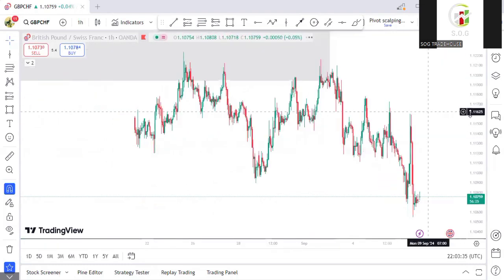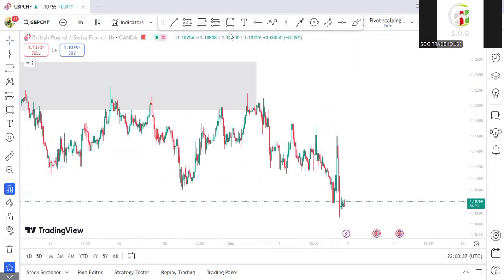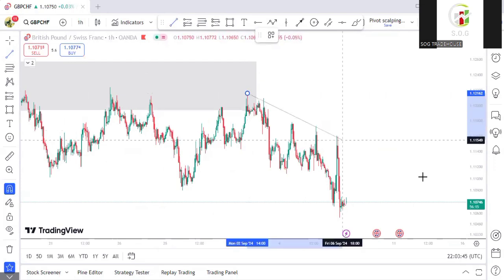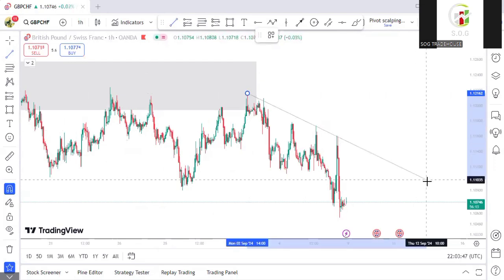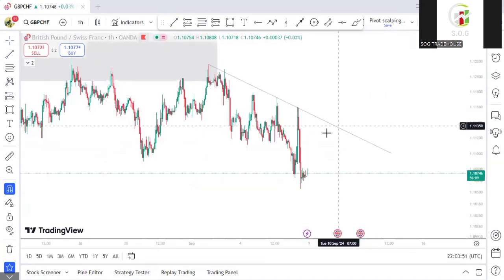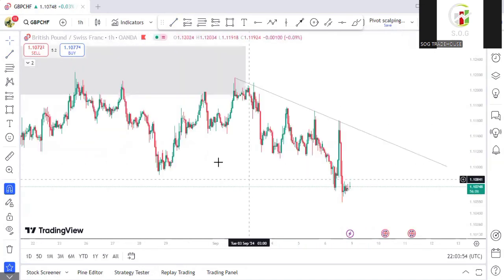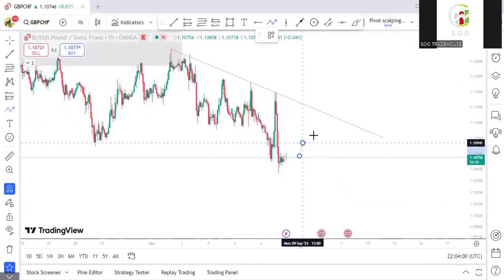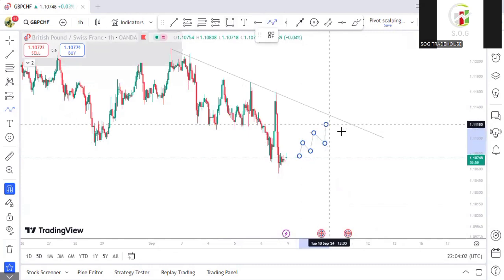So on the 1-hour time frame, you can see the market respecting this trend line. There's the first touch, second touch, third, fourth. So we've got multiple touches on this trend line. So what are we anticipating? We're anticipating a retracement back to this trend line.